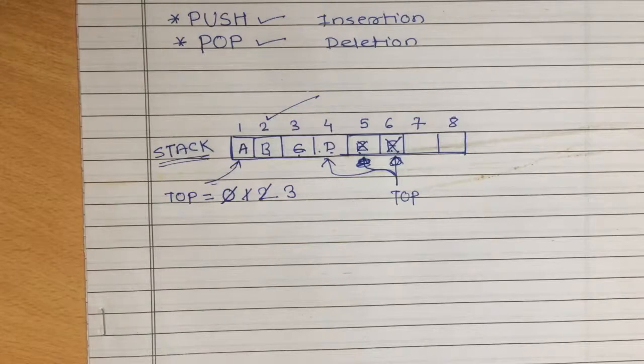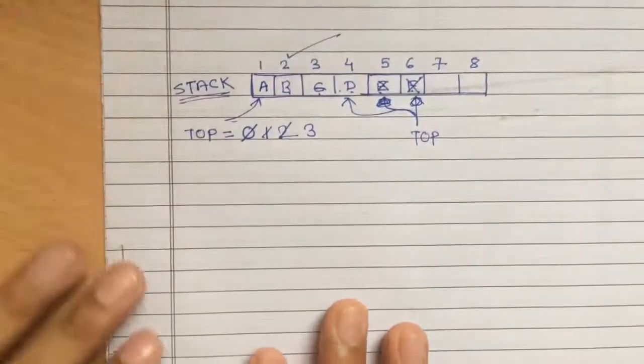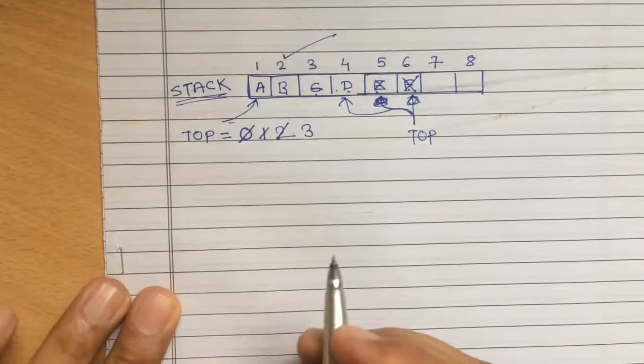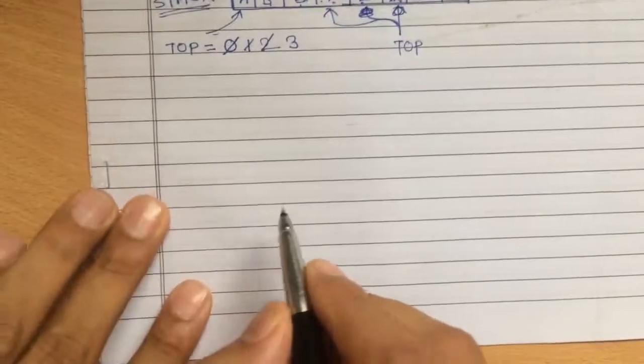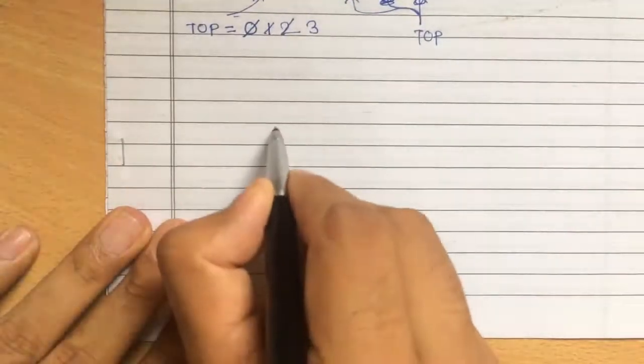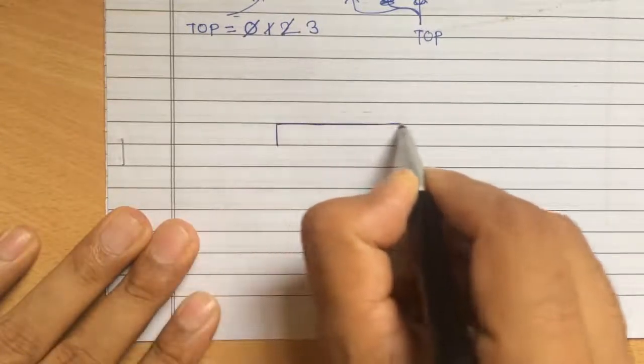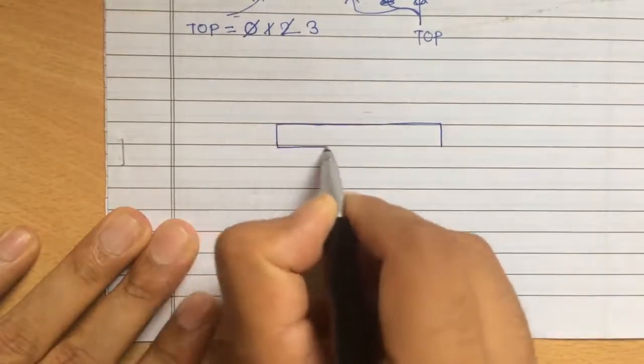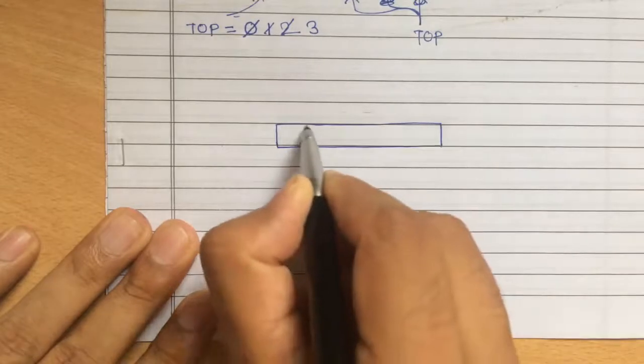Unless I say otherwise, all representation is carried out, or will be carried out, with the help of linear array only. So same I am going to explain over here, that is array representation of stack. For that, we simply have to draw one array.